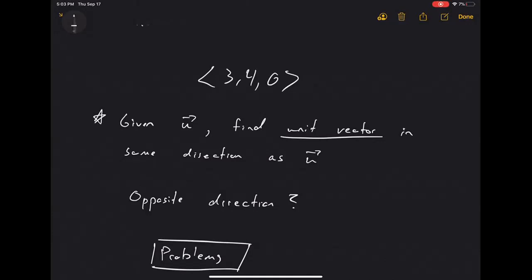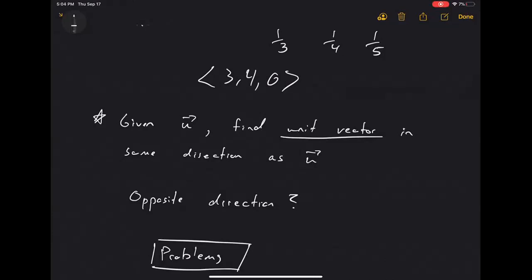The options are 1/3, 1/4, 1/5. Okay, that should be enough time.